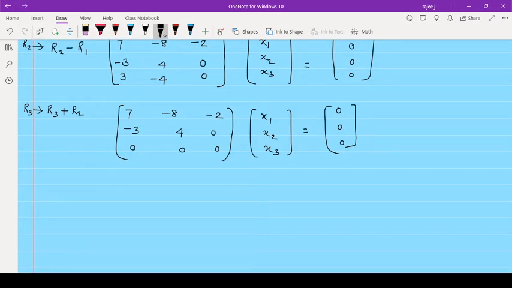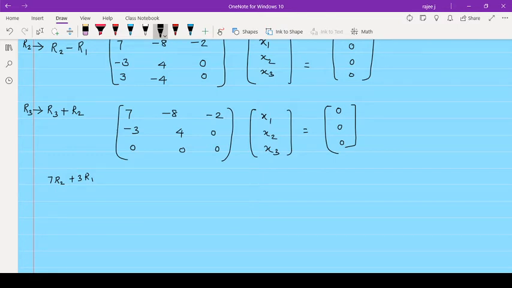So now my aim is to make this minus 3 into 0. Let's see what happens. If I do 7R2 plus 3R1, this term will become 0, because 7 into minus 3 is minus 21, and 3 into 7 is plus 21, so minus 21 plus 21 is 0.